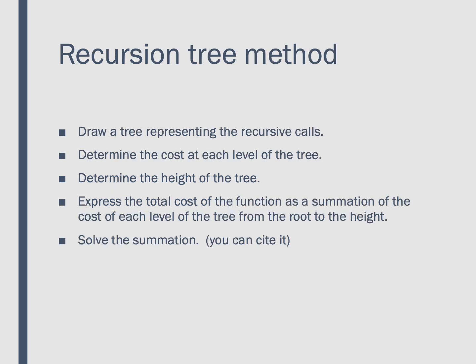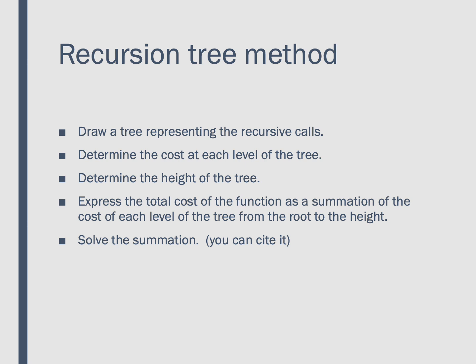Okay, now let's talk about the recursion tree method, a visual and structured way to analyze recursive algorithms. This method breaks down the recurrence into individual levels of recursive calls, making it easier to understand and solve. The first step is to draw the tree representing the recursive calls.